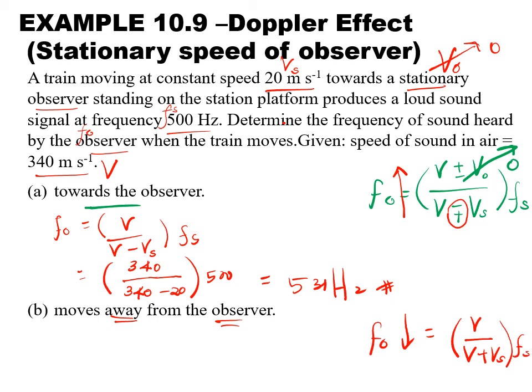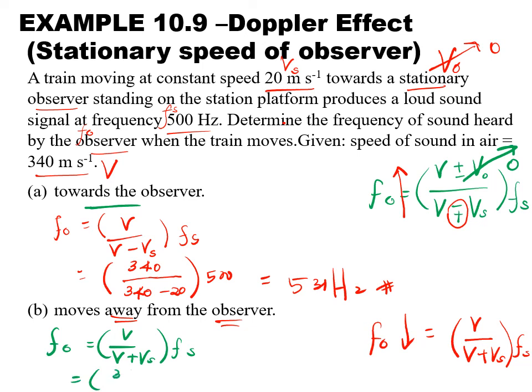We have to use plus for V sound plus V source, because we want to lower the observer frequency as the sound moves away from the observer. So you have to use F observer equal to V over V plus V source times Fs.